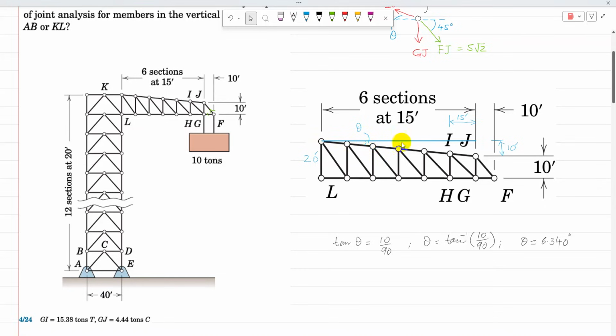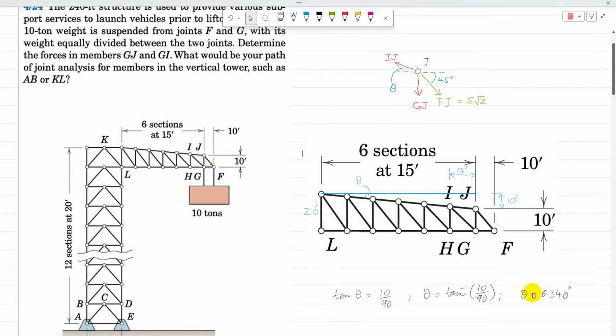Drawing a triangle there, its vertical side is 10 and the total horizontal length is 15 times 6. The angle theta has opposite side 10 and adjacent side 15 times 6, so tan theta is 10 over 90 and theta is 6.340 degrees.